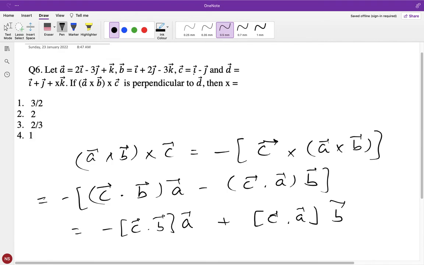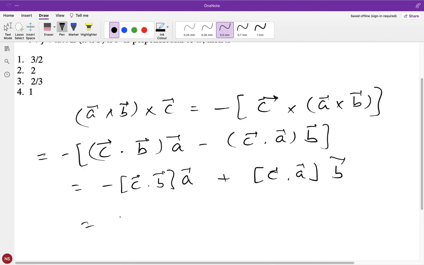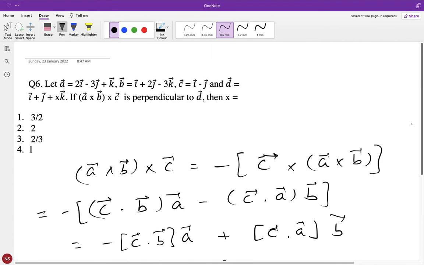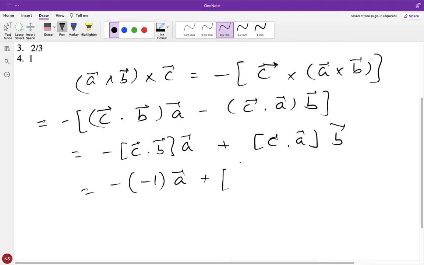So c dot b will be 1 minus 2. c dot b is 1 minus 2 is minus 1. Now c dot a, c is i minus j, so 2 and minus minus 3 is 3. So 2 plus 3 is 5. So this is equal to a plus 5b.